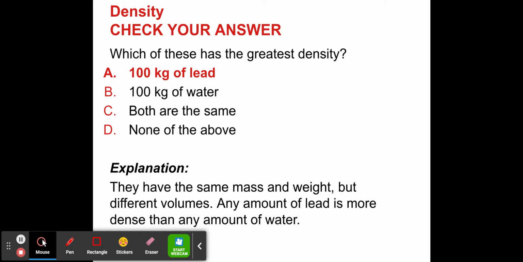Any amount of lead is more dense than any amount of water. Okay? Metals are usually more dense. Water has a density of 1 gram per centimeter cube or 1000 kilogram per meter cube.